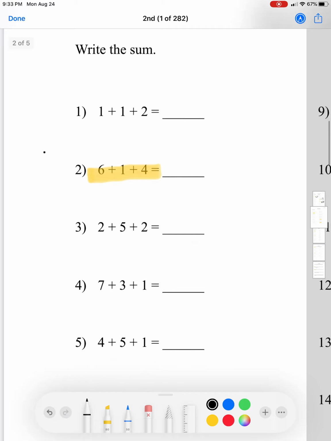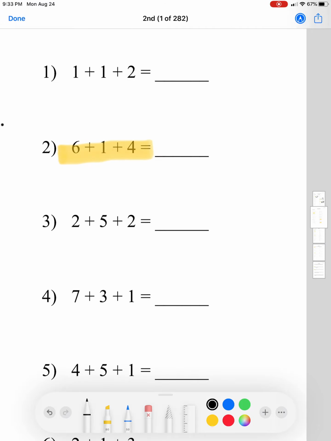Now we have 3 numbers here. A good method to use is to look at which numbers add up to 10 and do that first. But if you don't know it, you can do any of the methods that we used before. So we can do the same thing here. 6, go up 1, and that's a 7. So we know these two equal 7.